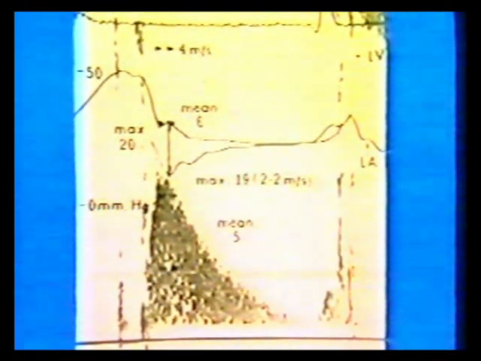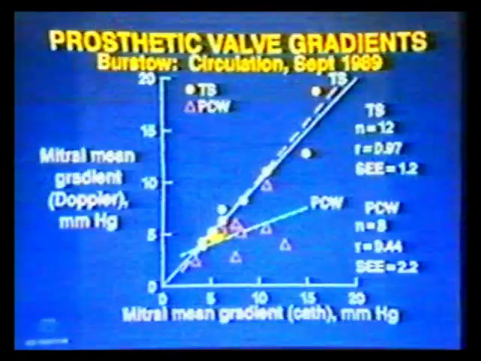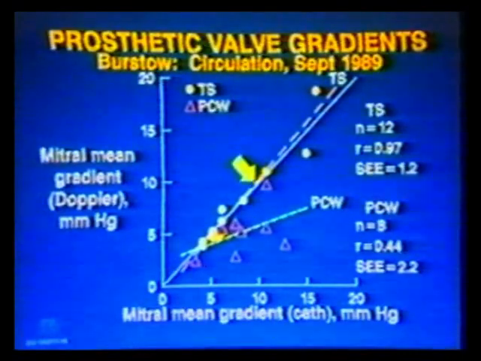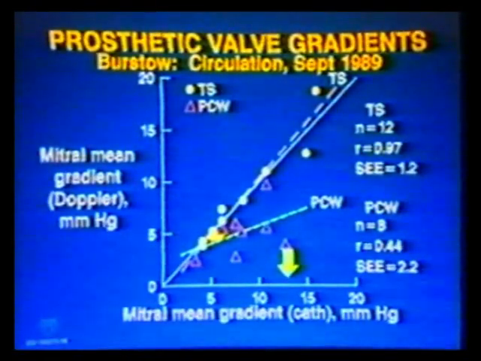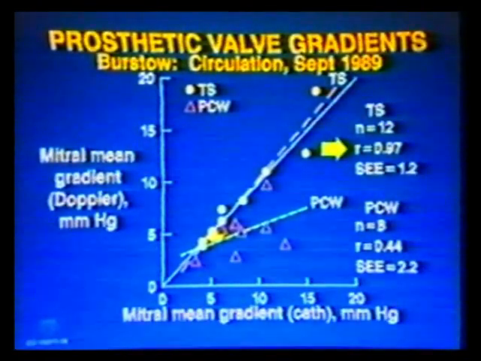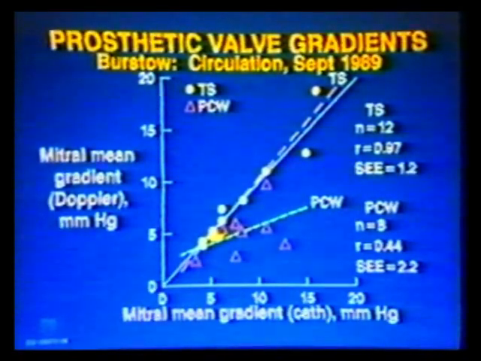As you can see in this study from a Starr-Edwards mitral prosthesis, the Doppler mean gradient correlates closely with the catheter mean gradient. When a transseptal catheter technique was utilized, the Doppler mean gradients were nearly identical to the catheter mean gradients. The R value is 0.97 with a standard error of the estimate of 1.2 millimeters of mercury.